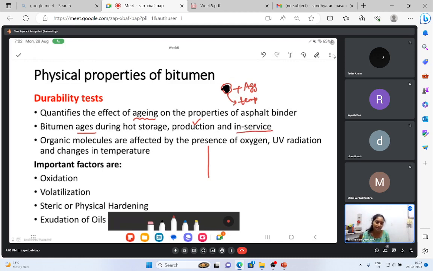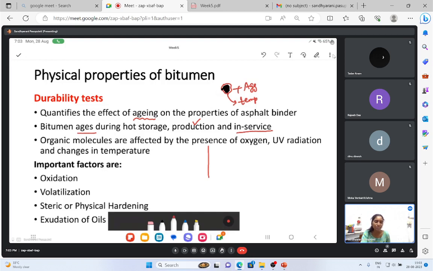During in-service also, the aggregate and binder combination, which is nothing but the mixture, will be exposed to atmospheric air. Any organic material, and our body is made up of organic material. In the same way, bitumen has polar components, organic polar compounds, which have the ability to react with oxygen.